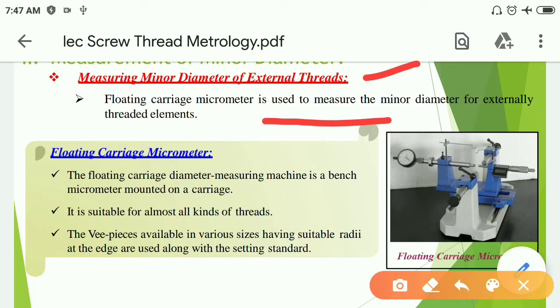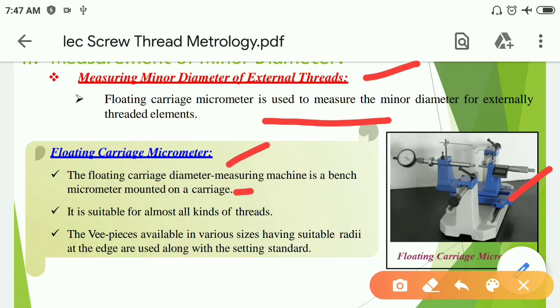How does it work? The floating carriage diameter measuring machine is a bench micrometer mounted on a carriage as shown in the figure. It is suitable for almost all kinds of threads.